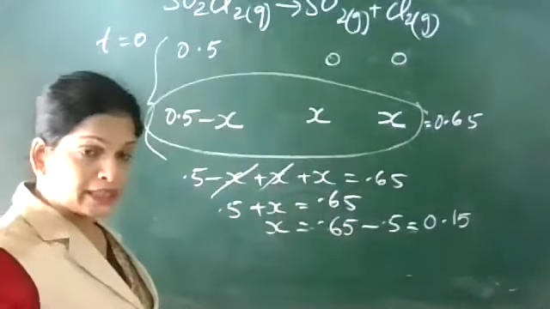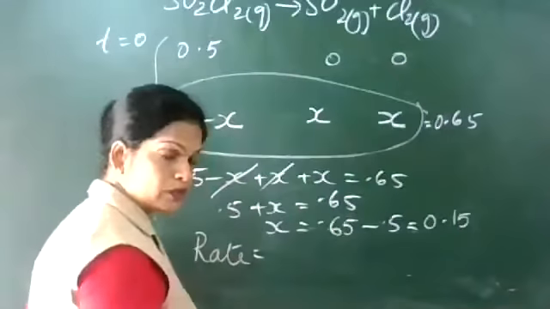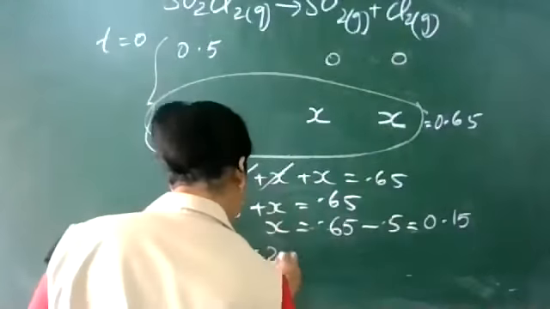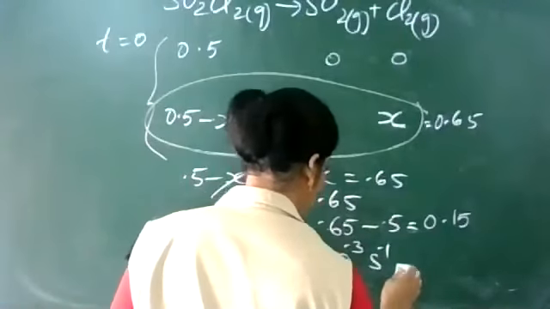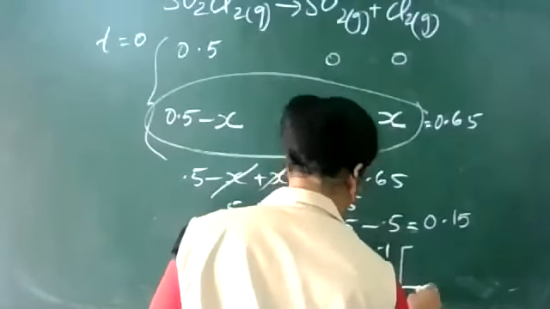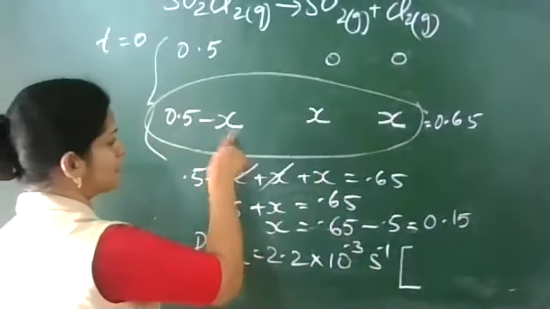Now you can put in that rate equation, rate is equal to rate constant. What is the rate constant? 2.2 into 10 to the power minus 3 second inverse into the remaining concentration, that is 0.5 minus x.